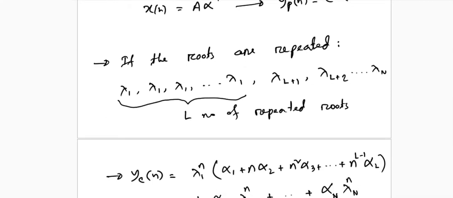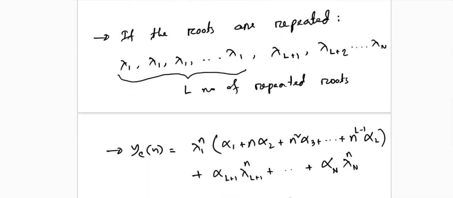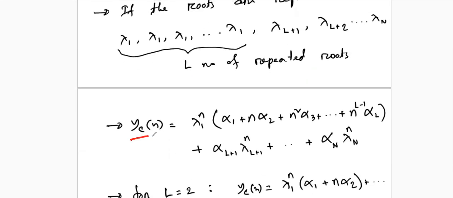Another very important thing is here: if the roots are repeated in the complementary solution, and if the first L roots are repeated, how can we represent it? Then the complementary solution would be like this: alpha 1 lambda 1 to the power n, alpha 2 n lambda 1 to the power n, alpha 3 n square lambda 1 to the power n.